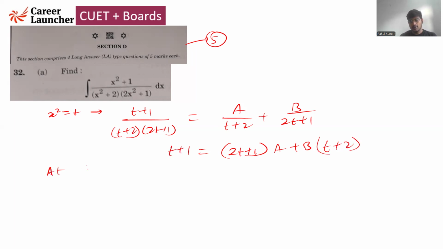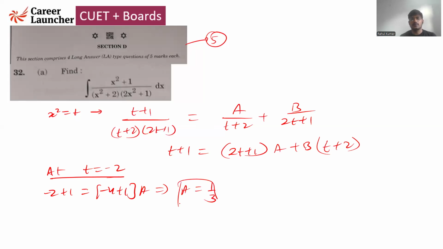Now at t equal to minus 2, you get minus 2 plus 1 equal to minus 3 times A, which gives the value of A as 1 by 3.